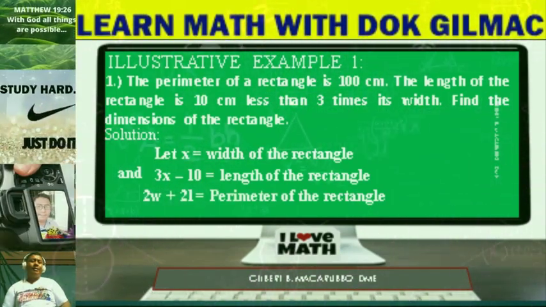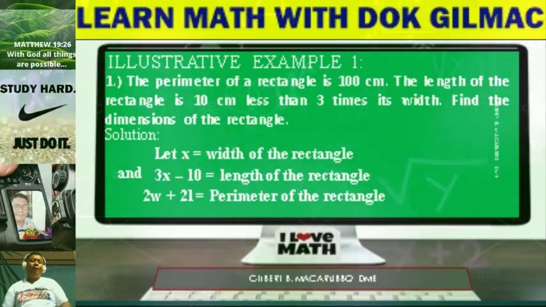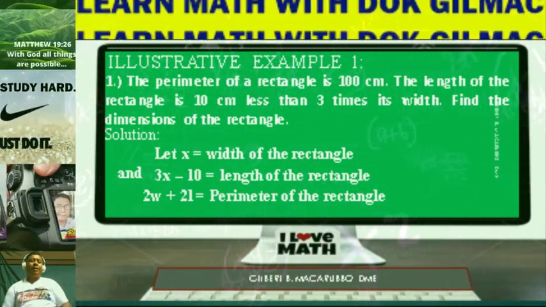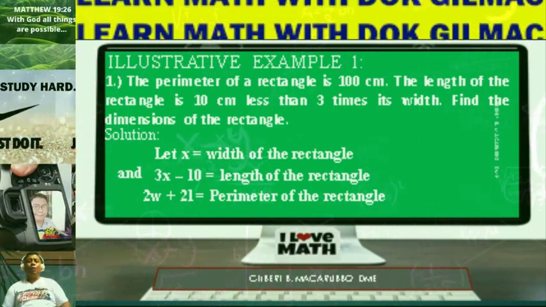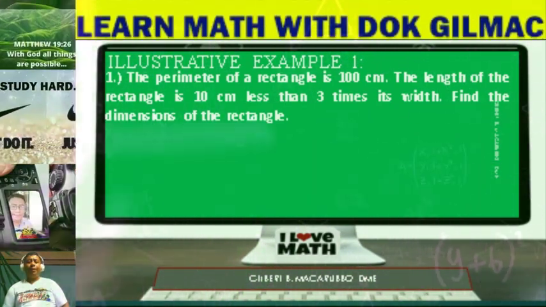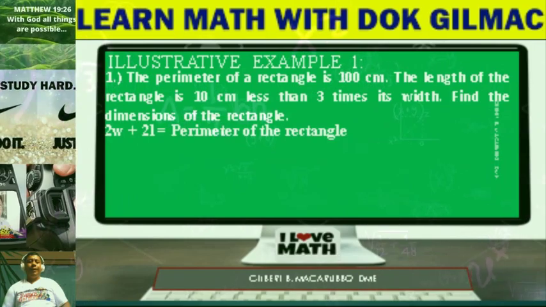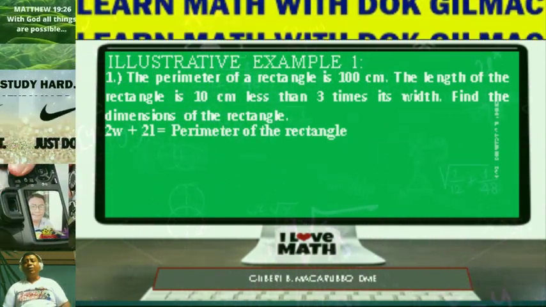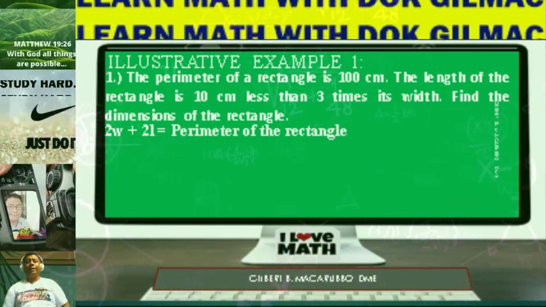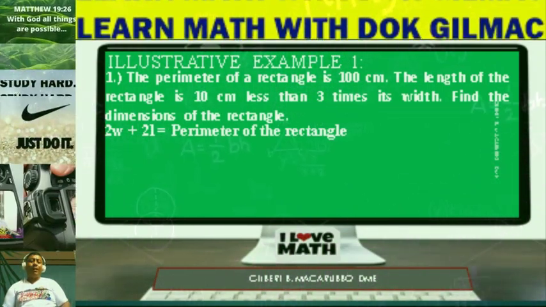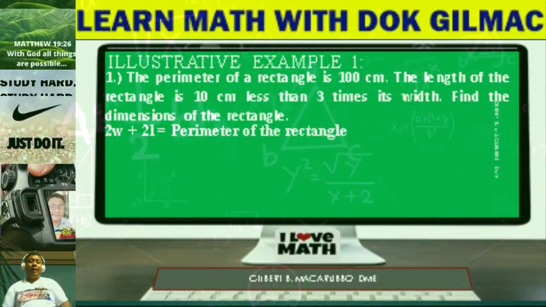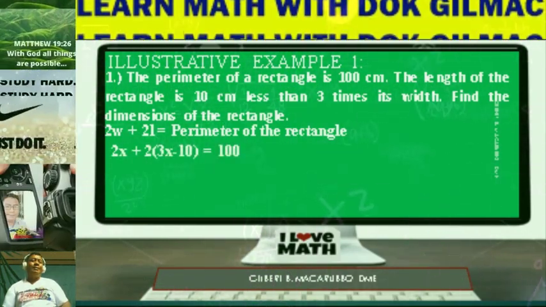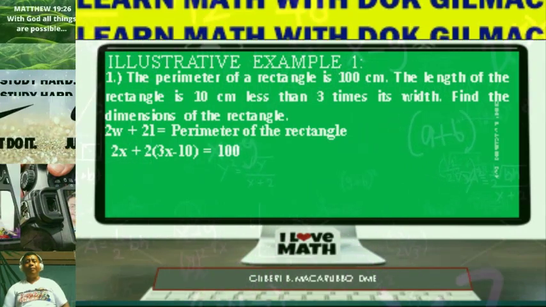Take note, class. The formula in finding the perimeter of the rectangle is simply 2w plus 2l. From here, we're going to substitute x for the width and 3x minus 10 for the length.